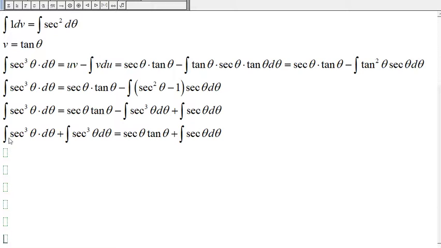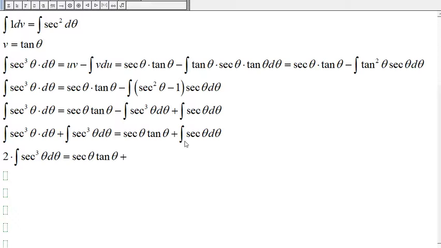Now this is one integral of secant to the third, and then we have another one, so there are two of them. So this becomes 2 times the integral of secant to the third theta d theta, and then this is secant theta tangent theta.